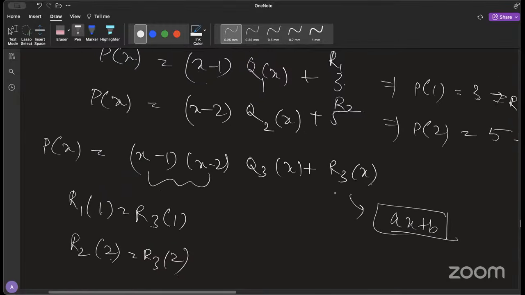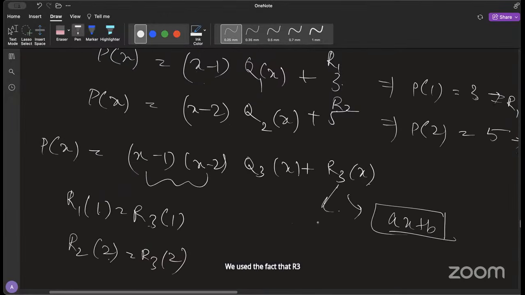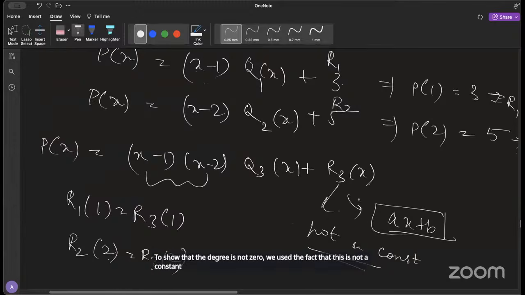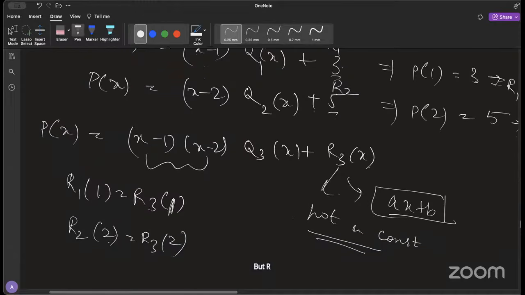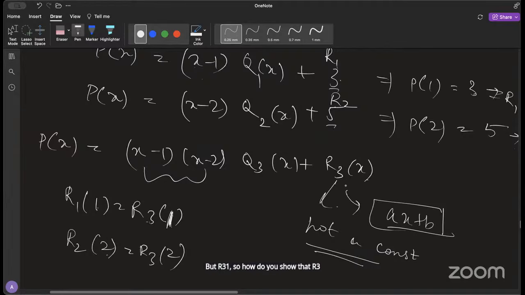We used the fact that R3 is not a constant. To show that the degree is not zero, we use the fact that this is not a constant, because if it were a constant, it cannot take two values. But this R3 is different from these R1 and R2. So how do you show that R3 is taking two values?